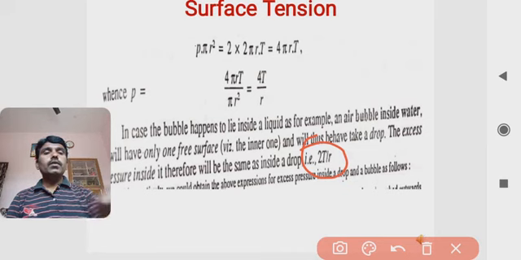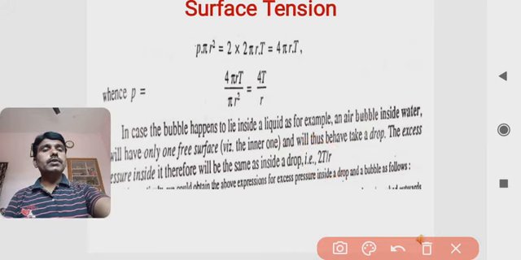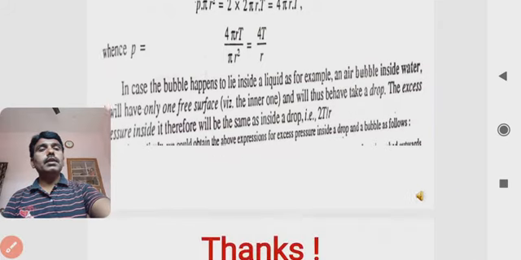So these are the calculations for the excess pressures inside a liquid drop as well as the soap bubble as well as the air bubble in the liquid.